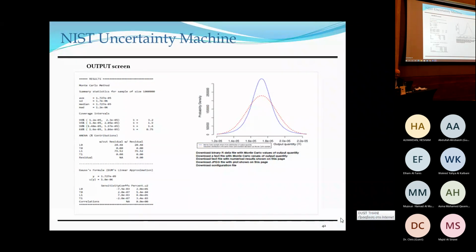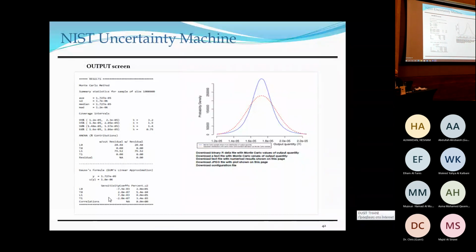and the output screen looks something like this, where on the left you have the statistics of both the MCM and of LPU. So MCM gives you the average of the number of trials, the standard deviation, the median. It gives you a coverage interval. Actually, it gives you many coverage intervals depending on the coverage probability that you might desire. It tells you which component is the most contributing, the dominant component in the uncertainty.